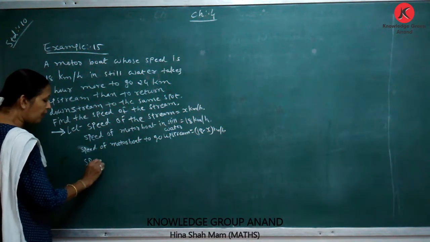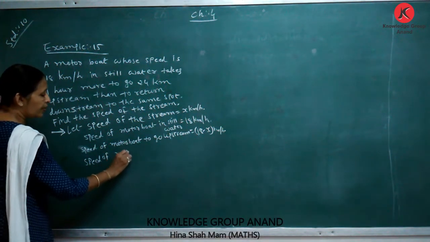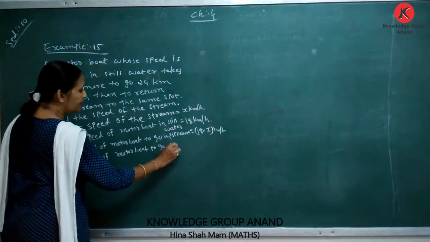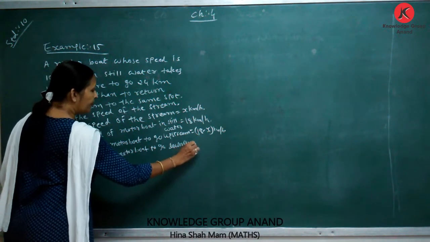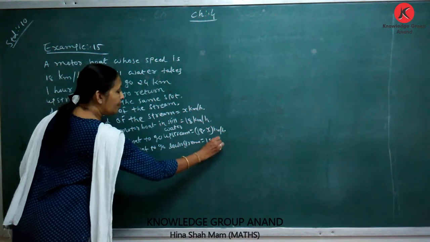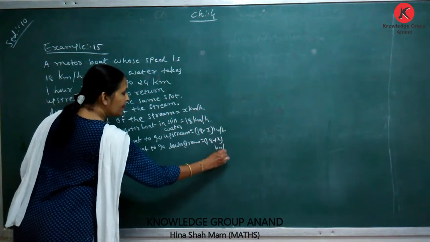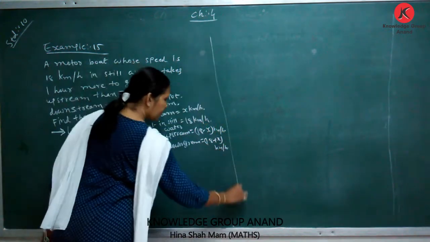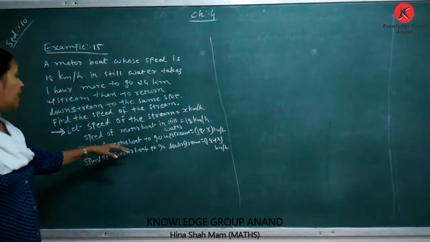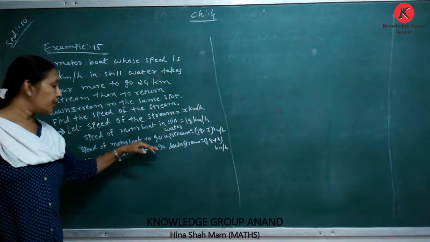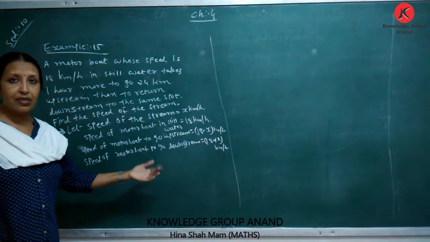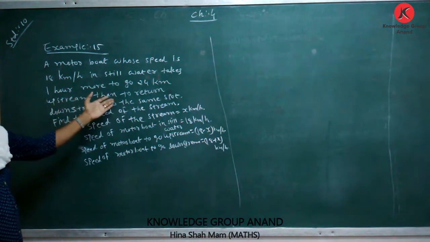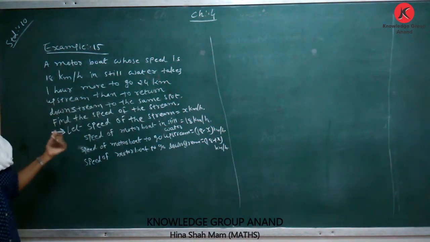And speed of motorboat to go downstream is equal to 18 plus x kilometers per hour. Speed of motorboat to go upstream is 18 minus x. It takes 24 km upstream, then returns downstream to the same spot.